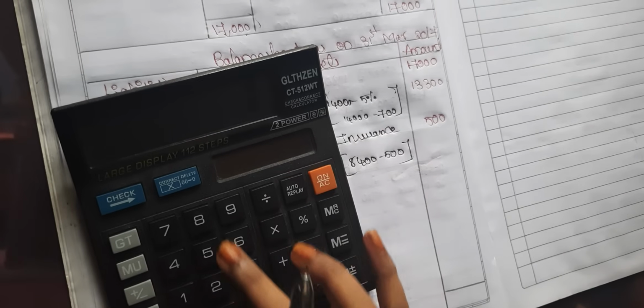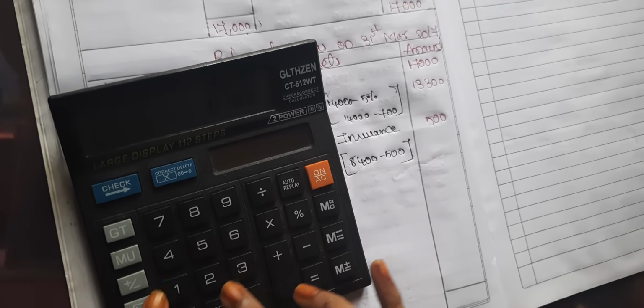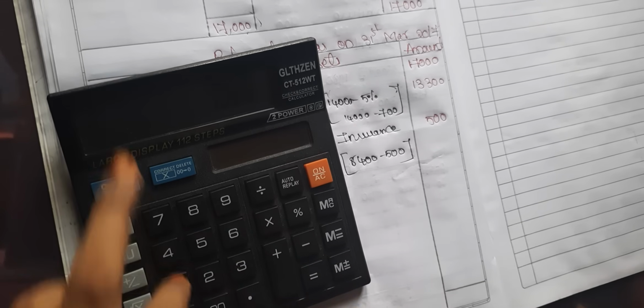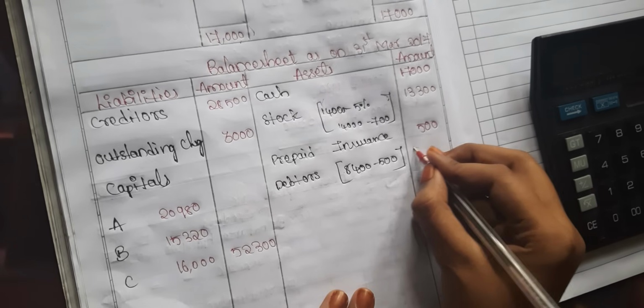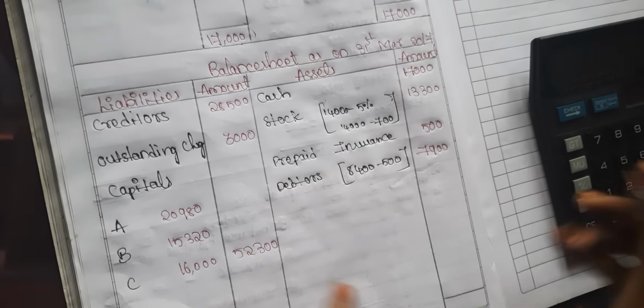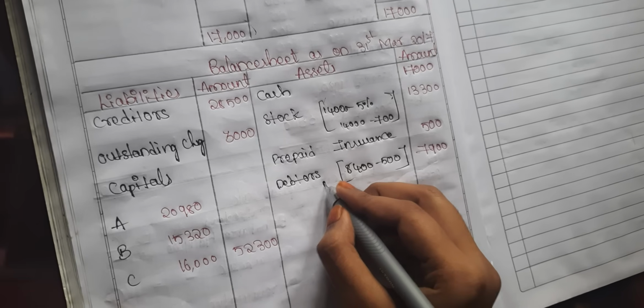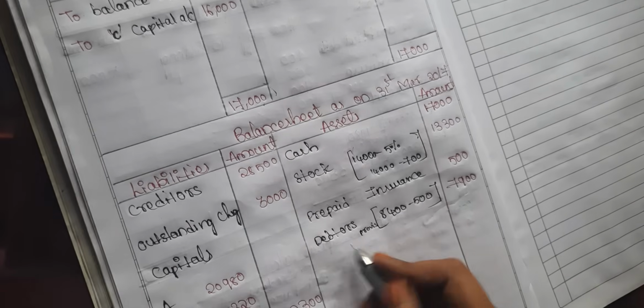Do the calculation. 8,400 minus 500 equals how much? It is 7,900. Right? Then next, you also mention the provision here. Okay, provision you mentioned.